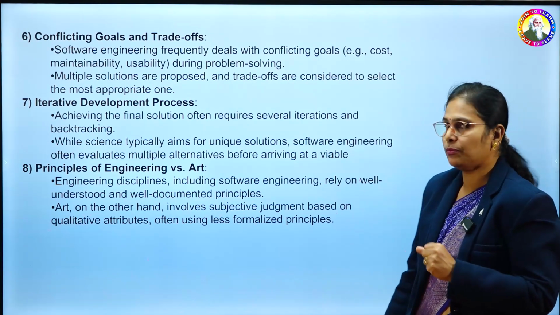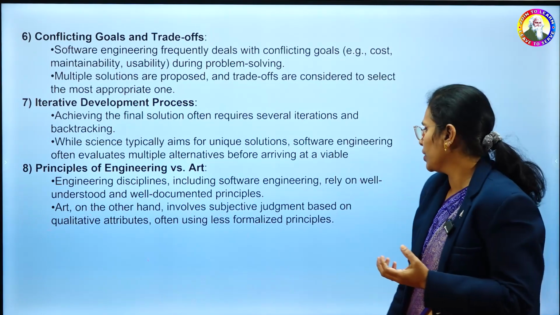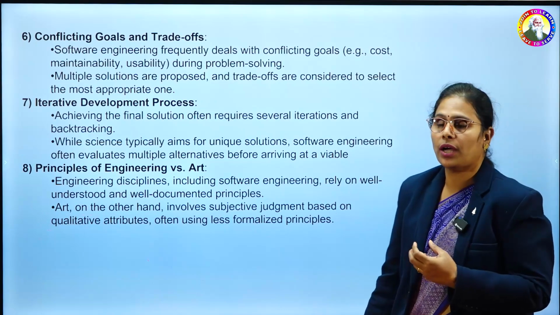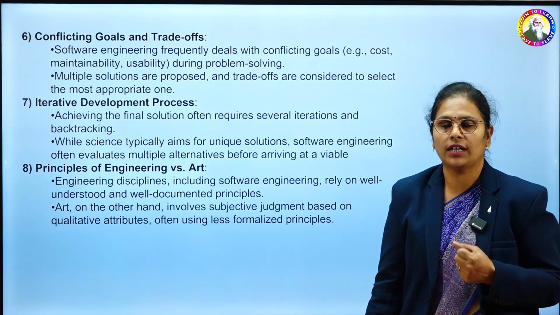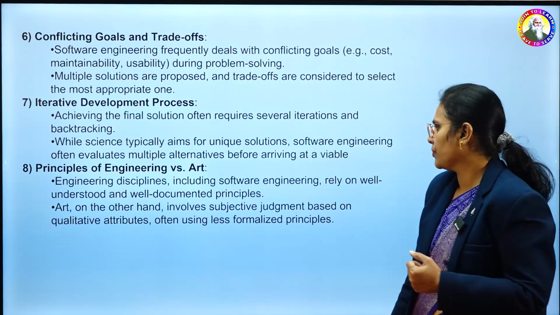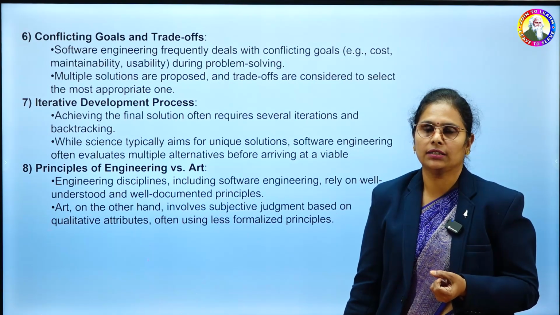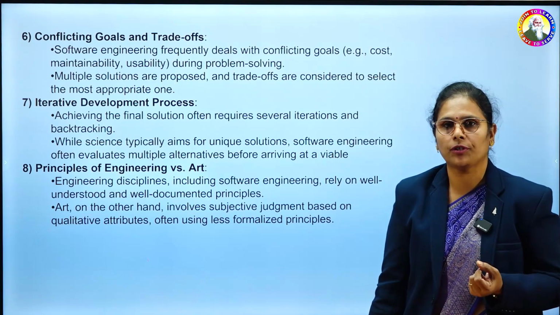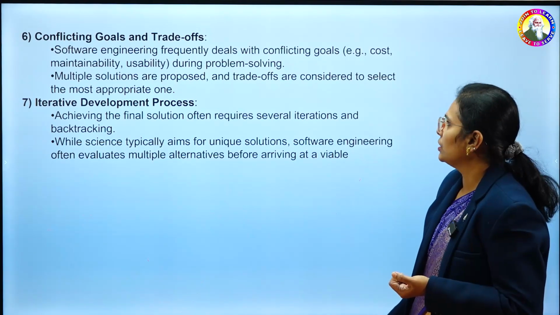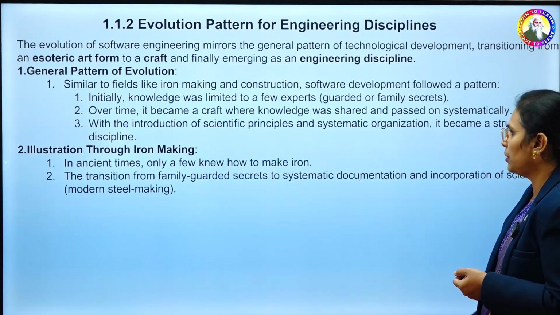It involves only judgment about their subject, their knowledge, based on qualitative attributes. There is no question of technicality; it is knowledge they have gained from their ancestors. So this is about the evolution pattern for an engineering discipline.